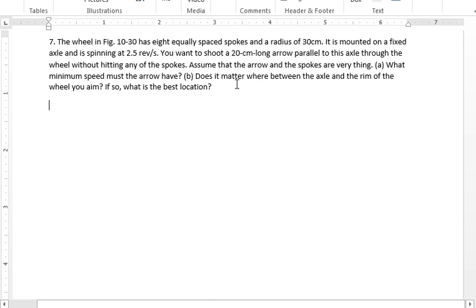Okay, so the real question is, how long does it take for this wheel to go through an eighth of a revolution, right?